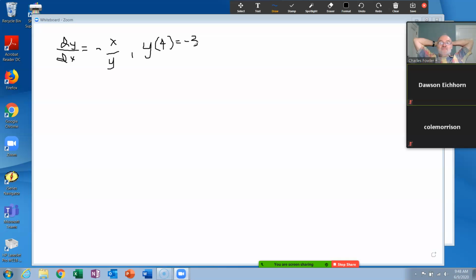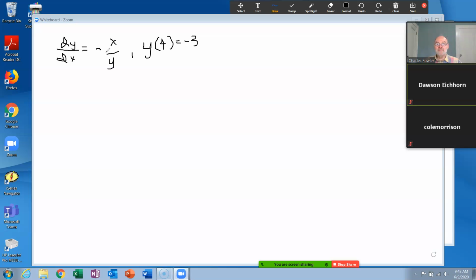All right, first question is it separable? What do you think? What we want to do to have a separable equation is have your y's and dy's and everything with y in it on one side, and your x's and your dx's and everything with x in it on the other side, with no mixture at all.